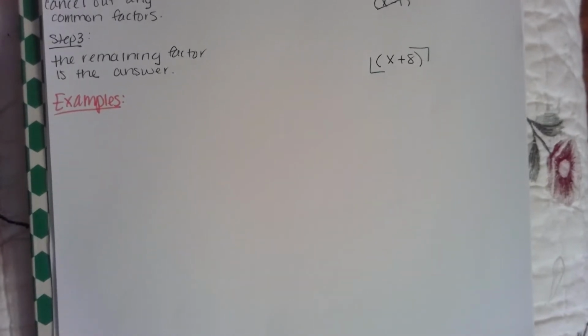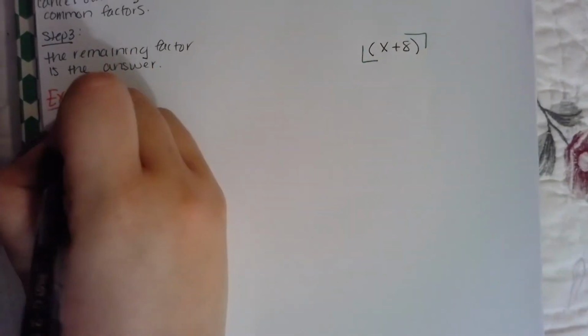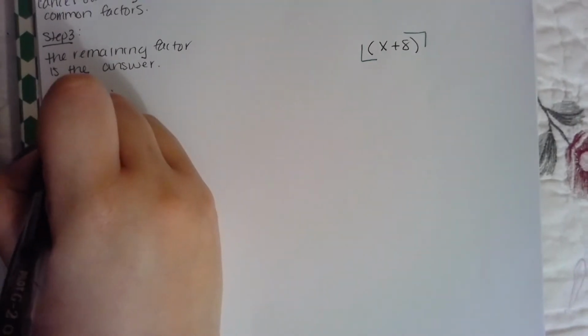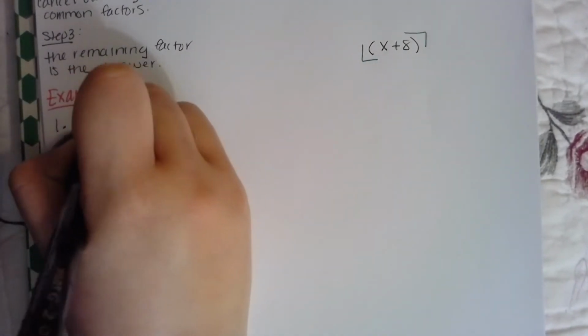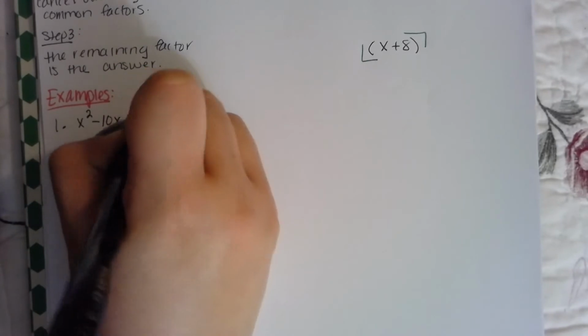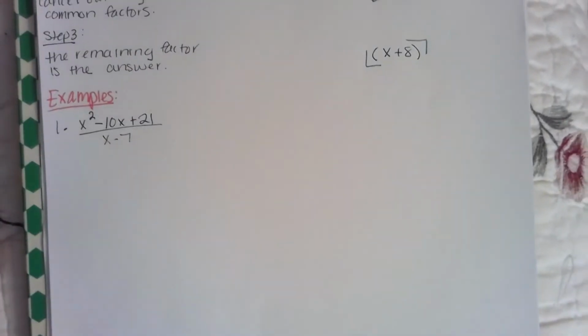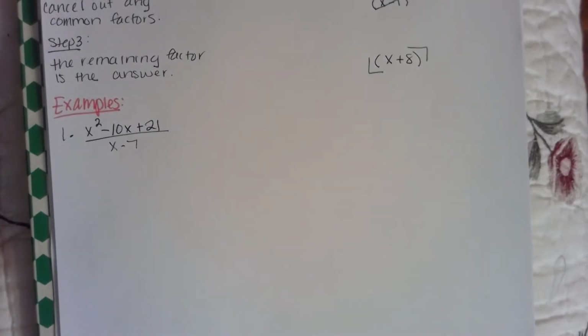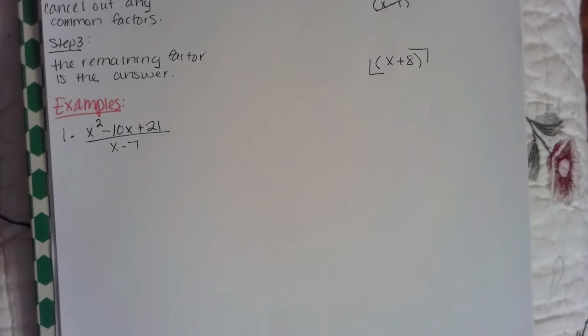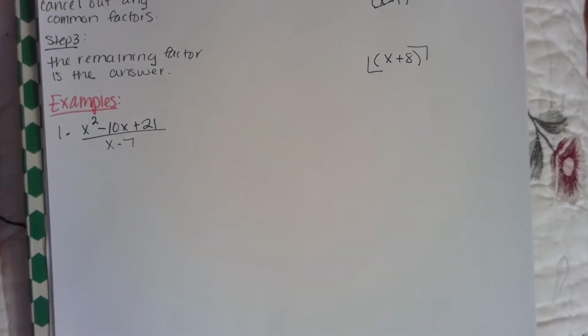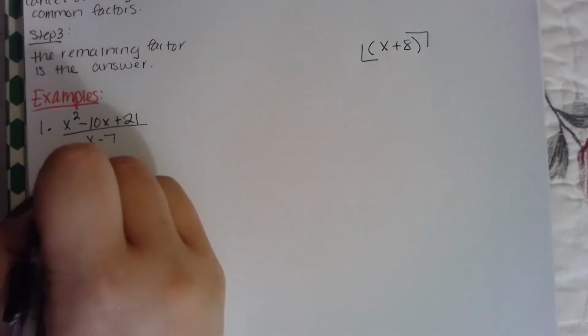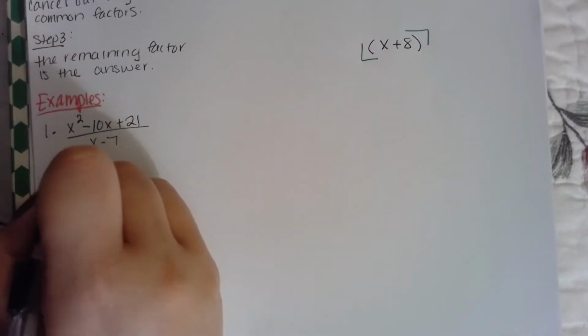It's x squared minus 10x plus 21 divided by x minus 7. Alright, notice the bottom, you can't factor that anymore. It's a variable minus a number. They have nothing in common. But that top one is a trinomial. So I'm going to rewrite it down here, actually. x squared minus 10x plus 21.